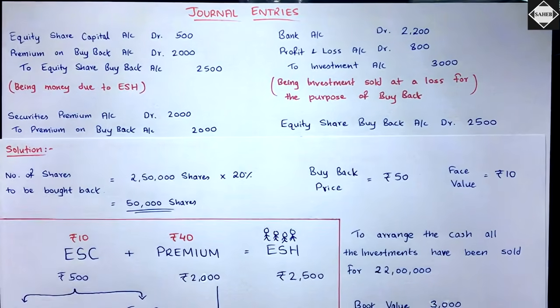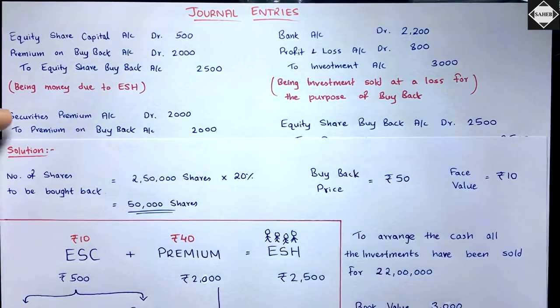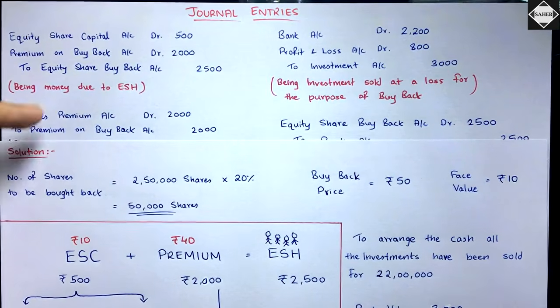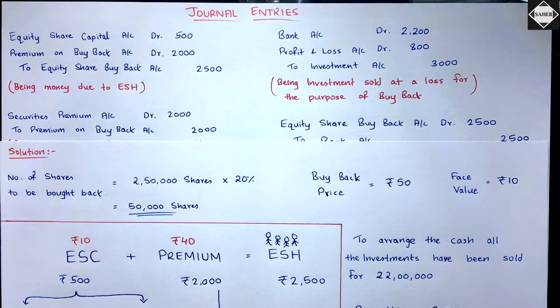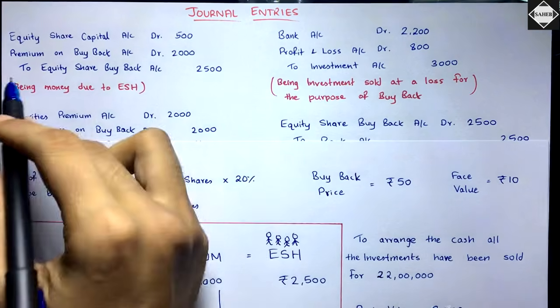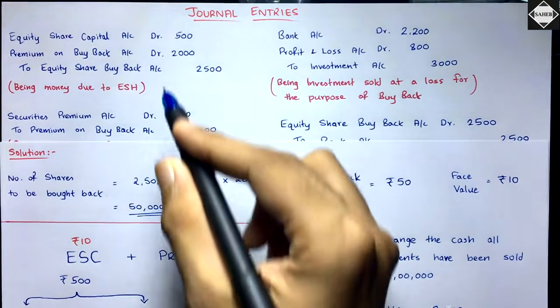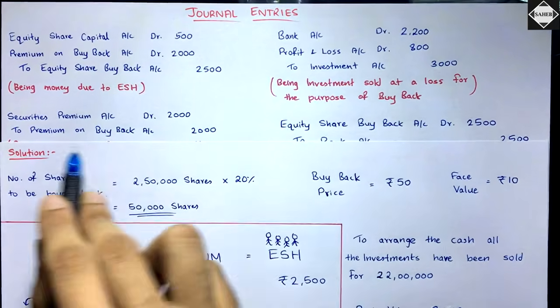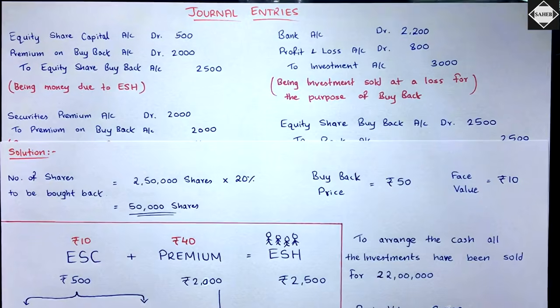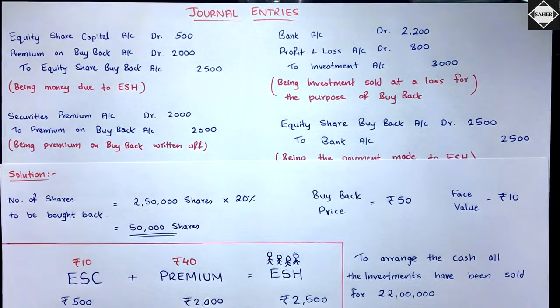Securities premium is a reserve, it's equity. If it is reducing, you will have to debit that 20 lakh. And then premium on buyback, in the due entry you debited that. Now here you are going to cancel it off, you're writing it off, so you'll credit premium on buyback account 20 lakh. Is that clear? So being premium on buyback written off.